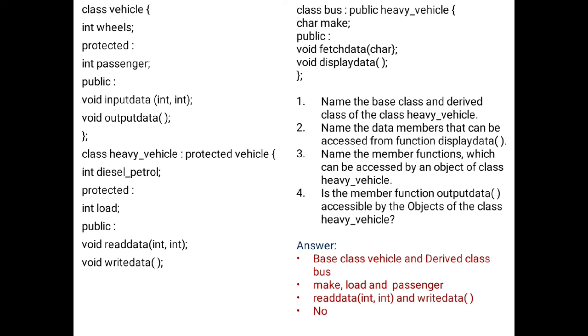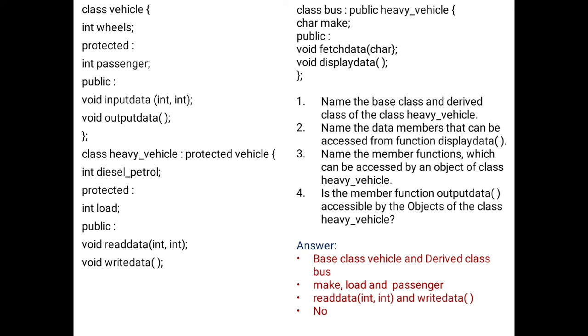Here the class vehicle, which is the base class, is publicly accessed by the derived class as protected, since the access specifier protected is mentioned, right?